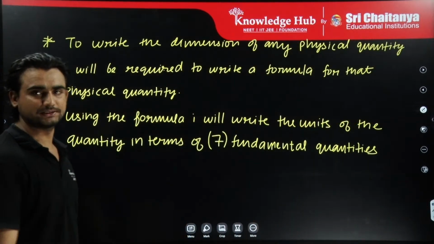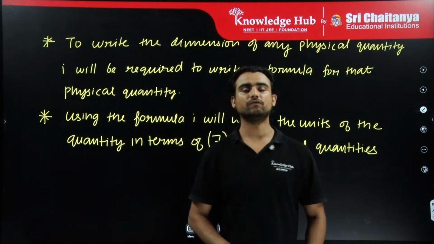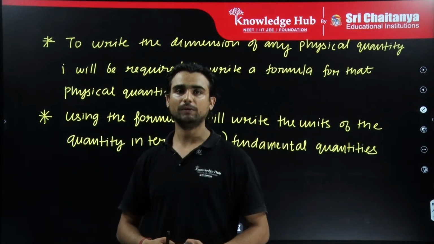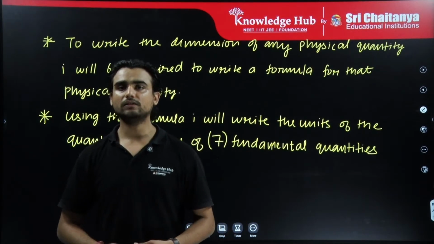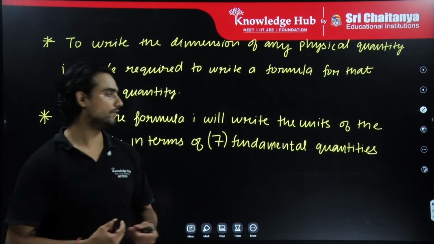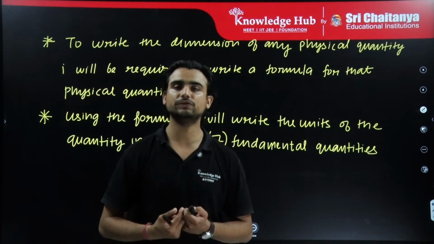So these are the two steps. First we write the formula of the physical quantity for which we have to find the dimensions, and then we write the units in terms of the 7 fundamental quantities. These are the main two steps which we require.